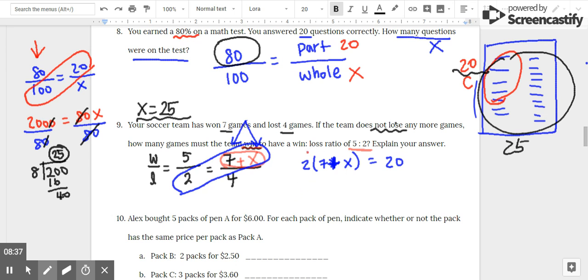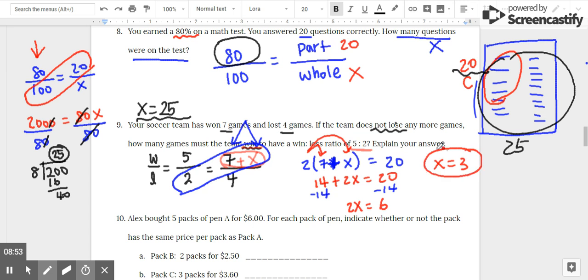And you should do the distributive property. Minus 14. X should be 3 games. This is a really, really difficult question. I need you to put 5 stars and study.